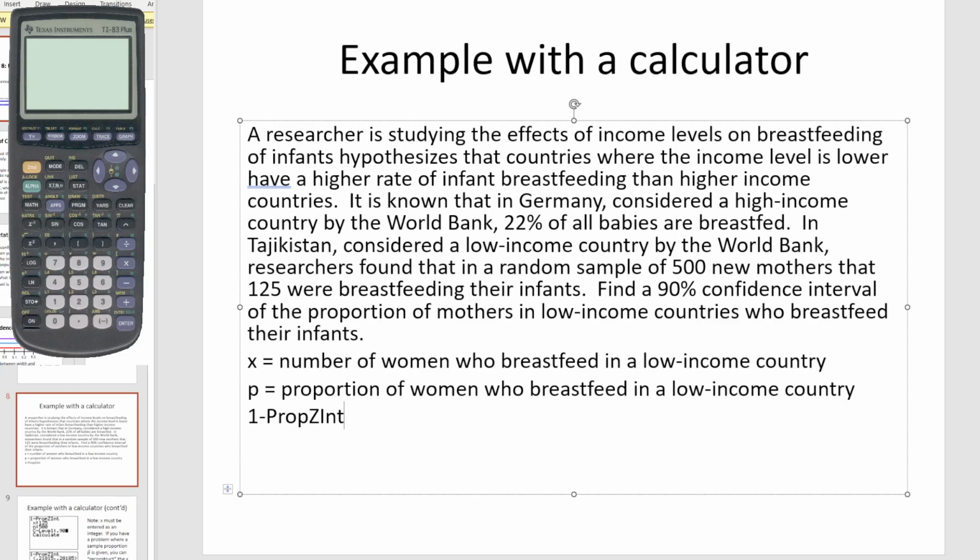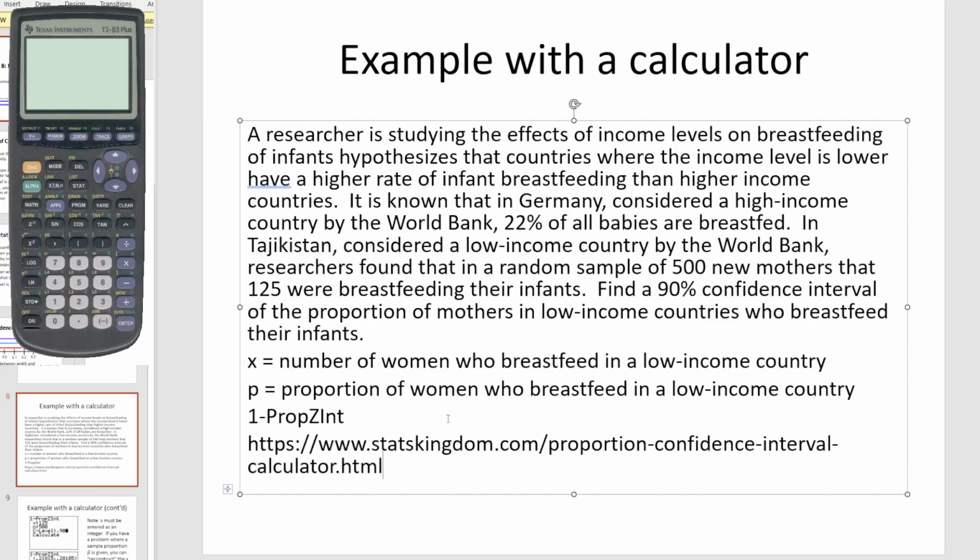If you don't have one of those, I believe you can just Google 1-PropZInt and a good calculator will pop up. I think that this website that you see here is a good one. There are multiple good online calculators that will do the same thing for you.